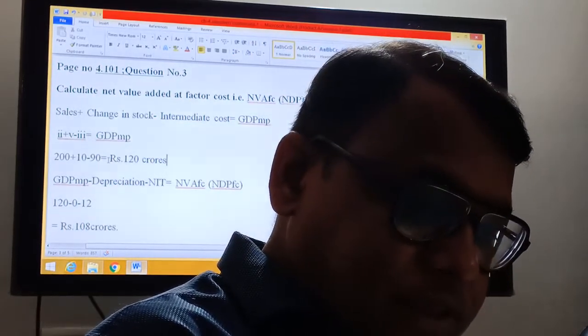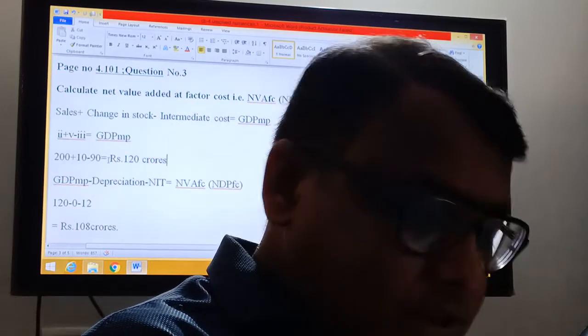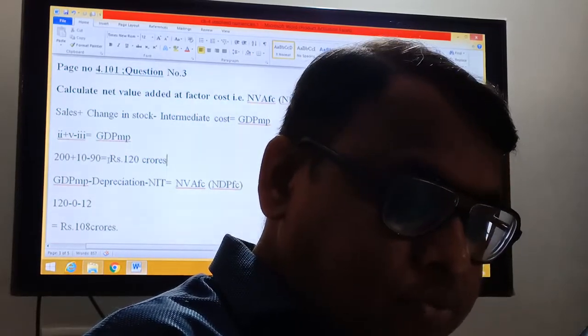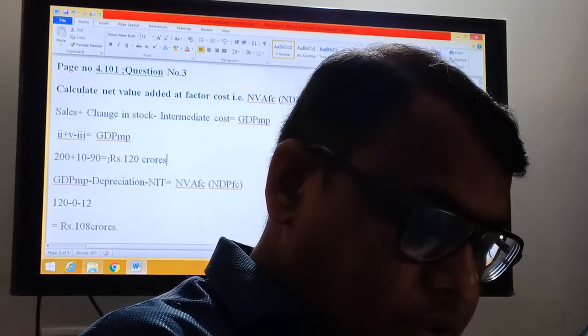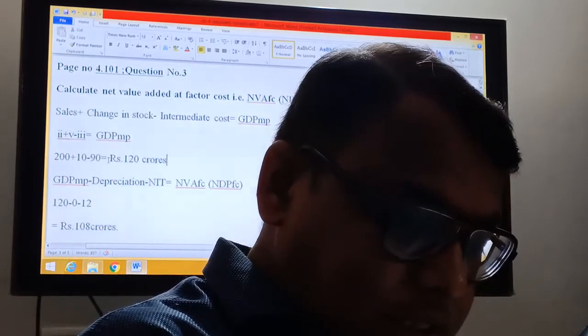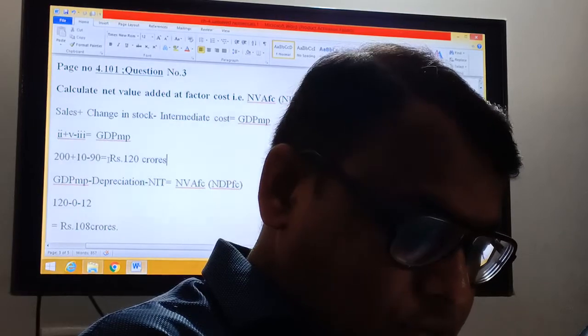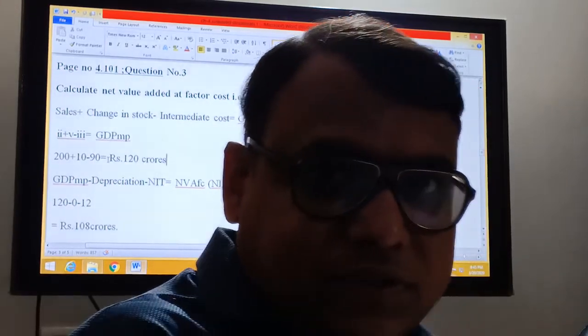Calculate NVFC from the following data: purchase of machinery to be used in production unit, sales, intermediate cost, indirect taxes, change in stock, GST, stock of raw material. Let's start.